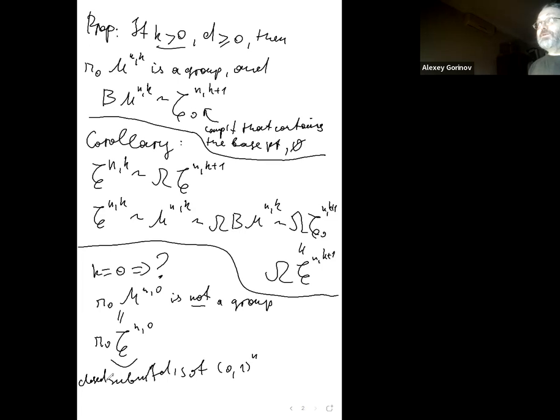We can't get nothing out of something by adding more things. Okay, so we need to use another model.